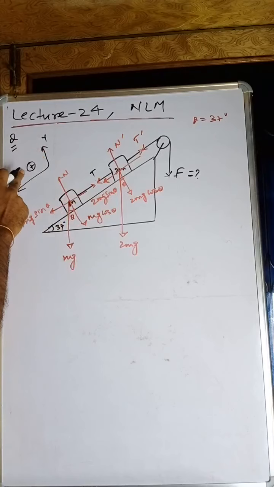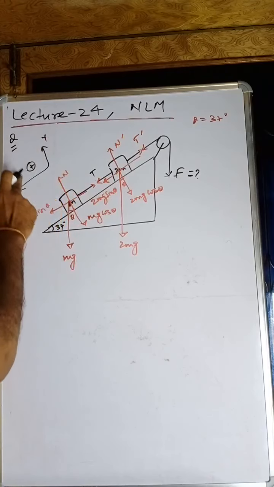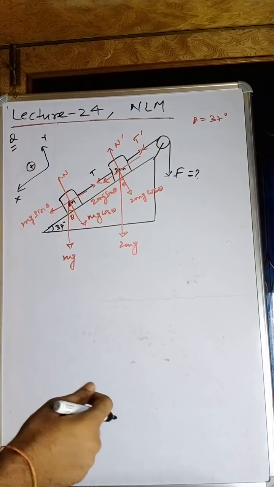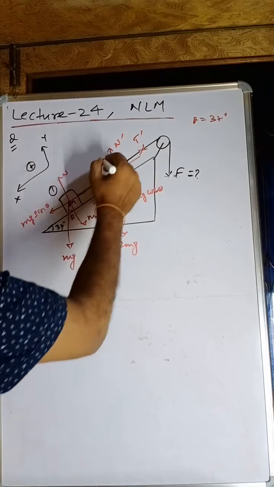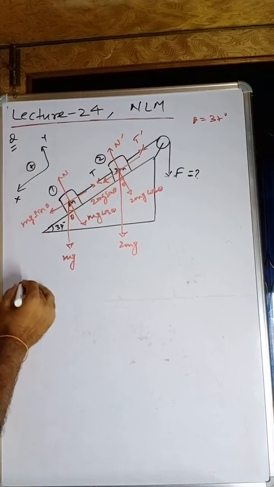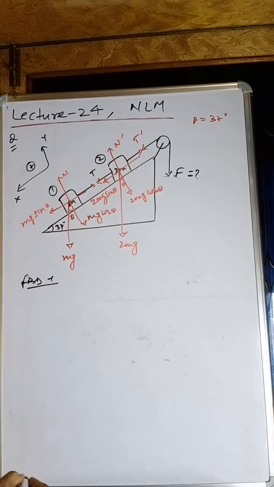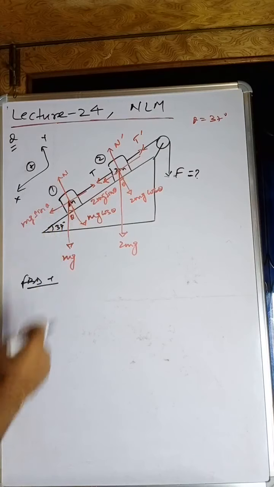The meaning of positive, my dear students, is that I am using this quadrant, this axis and this axis. It means this quadrant is positive, and we can take any one as positive. Now solve. This is free body diagram 1 and 2. FBD1, my dear students, we can write how many forces are acting downward and how many forces are acting upward.